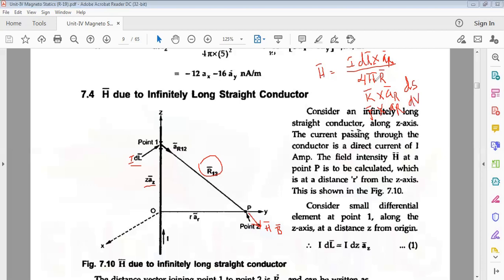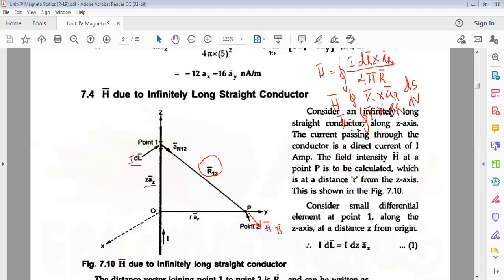This one is a volume integral, this one is a surface integral, and this one is for the line integral.